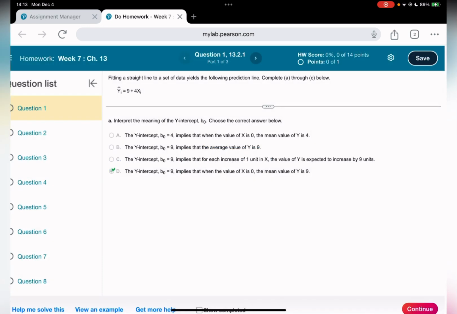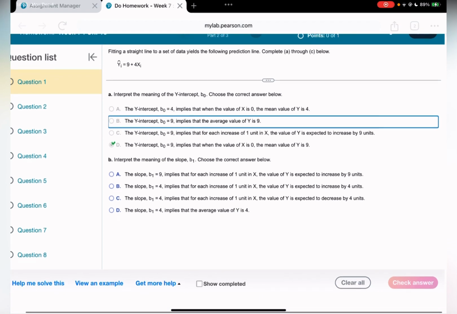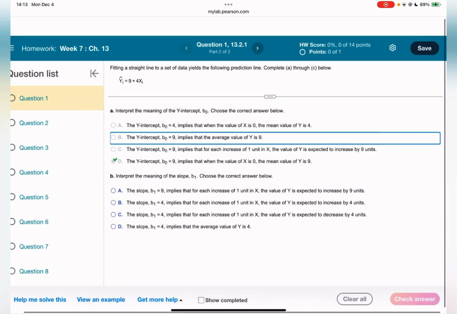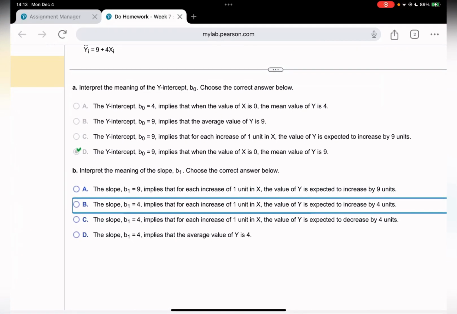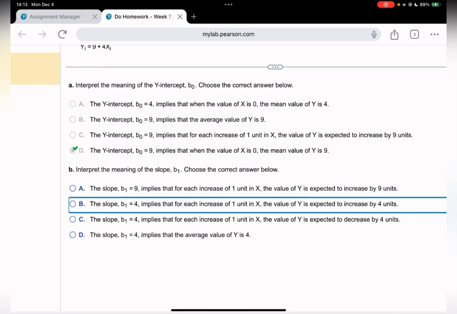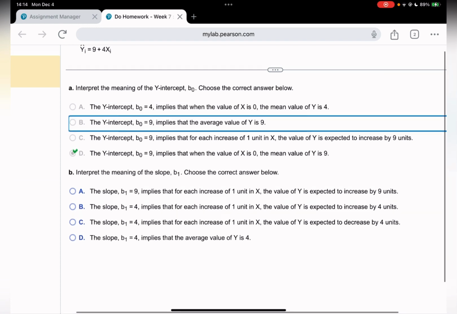Next one. Question number B, what do we have here? Interpret the meaning. Now we need to do the interpretation of the slope. All right, so our slope is 4, right?